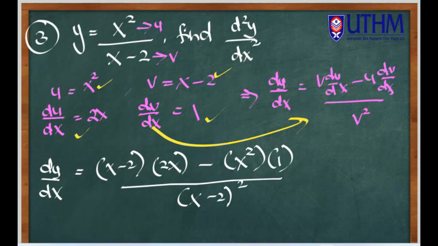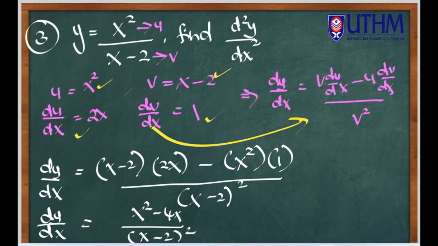When we simplify everything, at the end we will get x squared minus 4x divided by x minus 2 squared. This is the first derivative, but we need to find the second derivative.